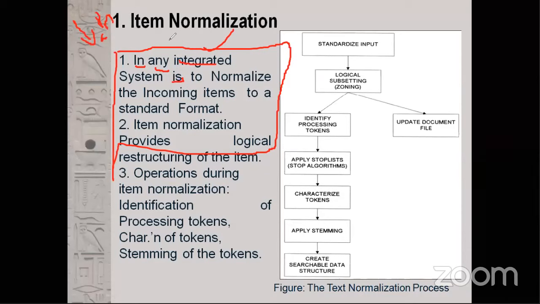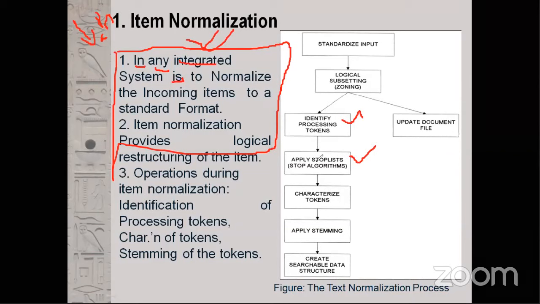So on my document collection, I need to generate the processing tokens. These processing words are used for the later searching process. That type of tokens I need to identify in the token identification process. After identifying the processing tokens, I need to apply the stop list.